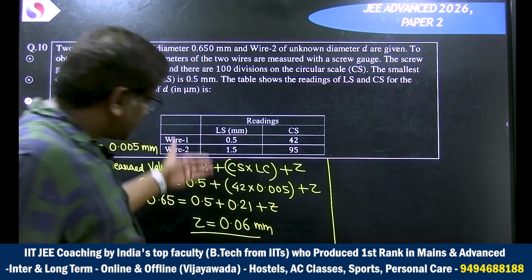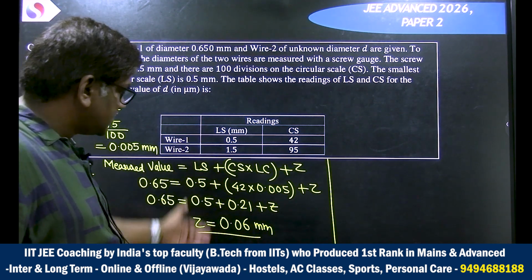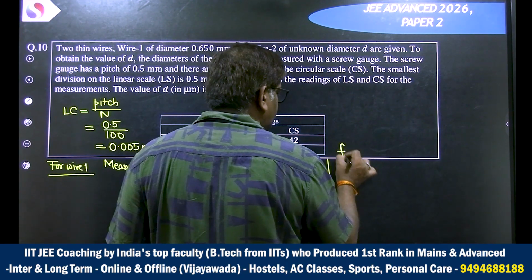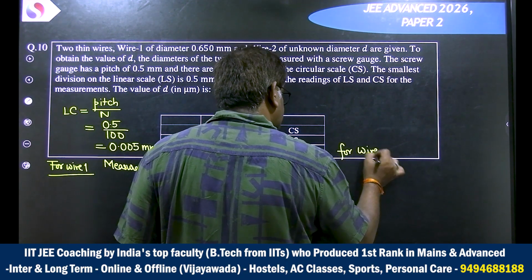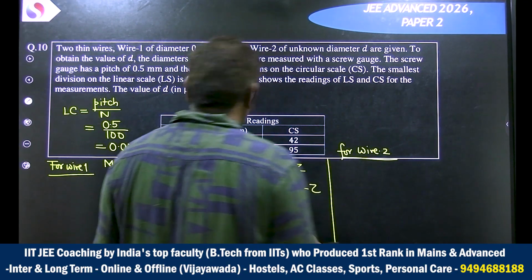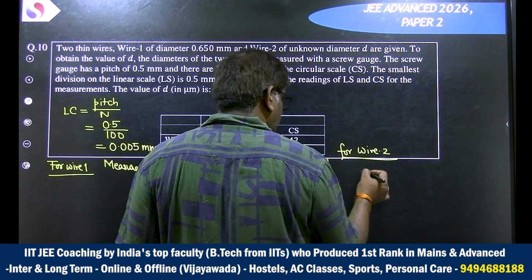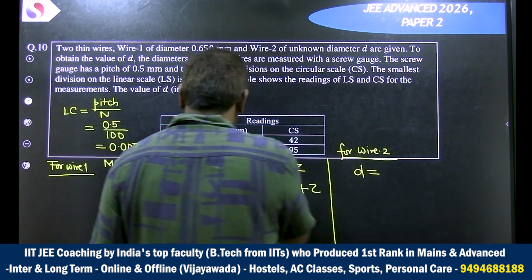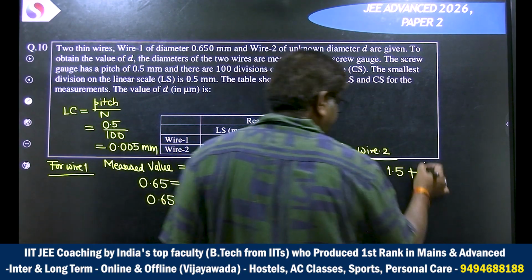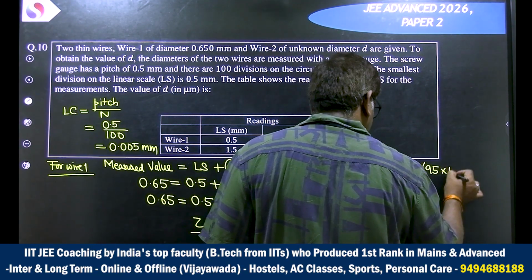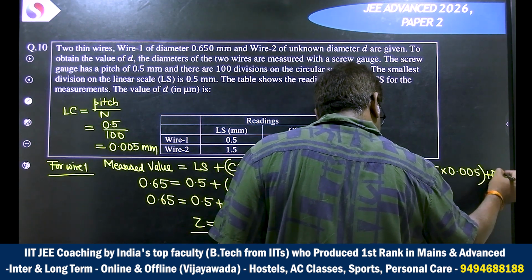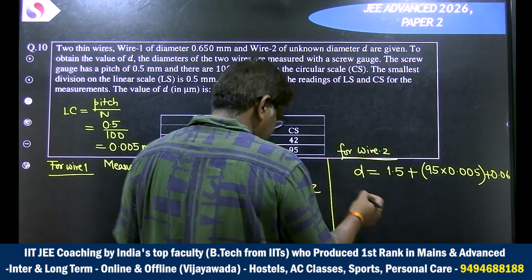So from the given data you are getting the zero error, and this zero error I am going to use for wire 2. So for wire 2, again some readings are given to you. The linear scale value for wire 2 is given as 1.5 mm, plus circular scale 95 multiplied by least count, that is 0.005, plus zero error, which I can use the same as we calculated in part 1, that is 0.06.